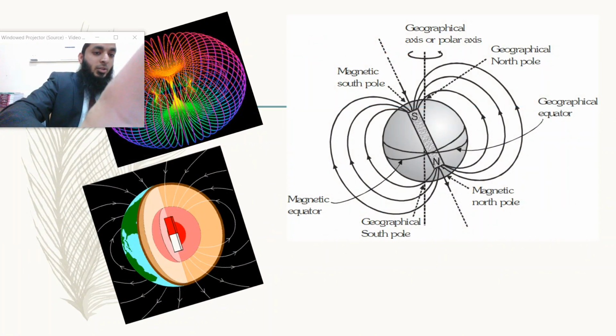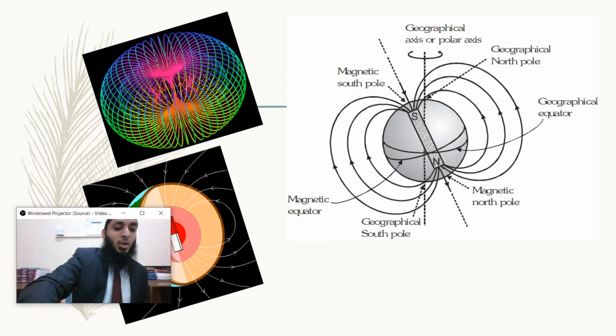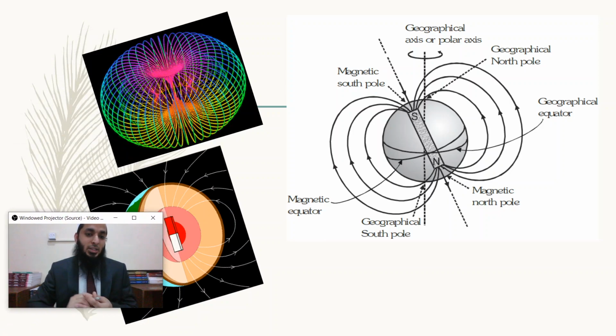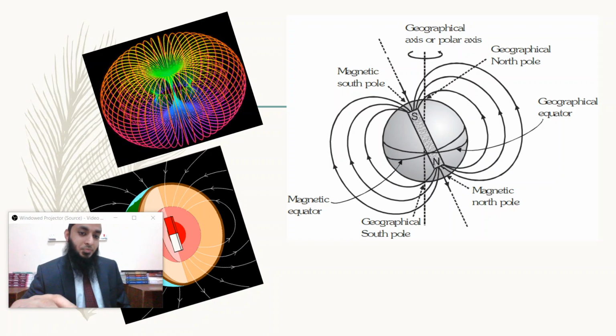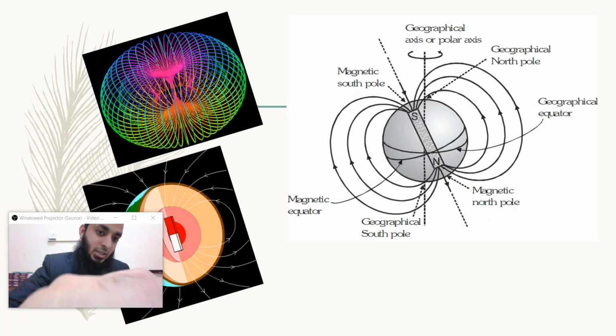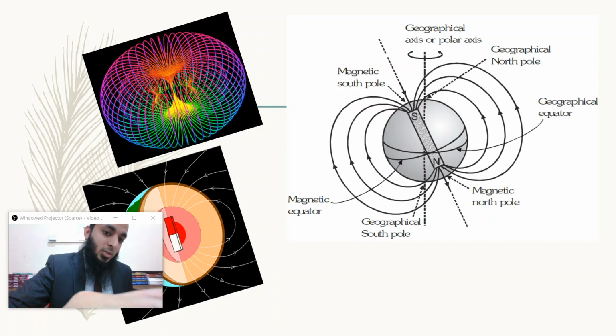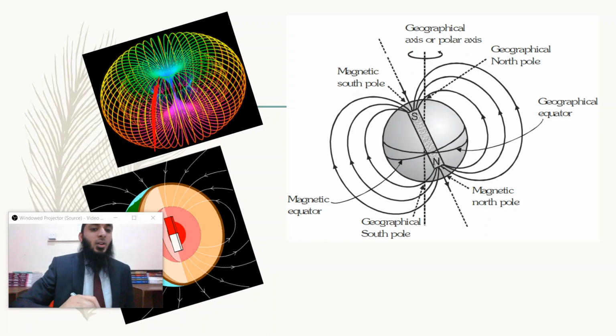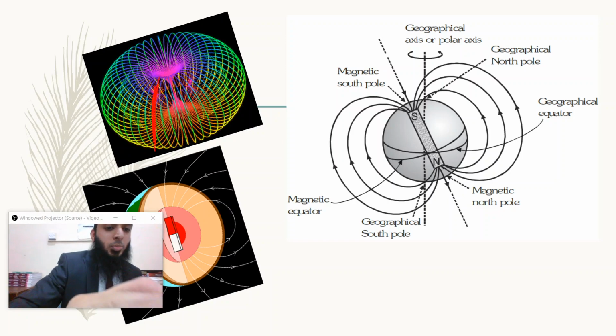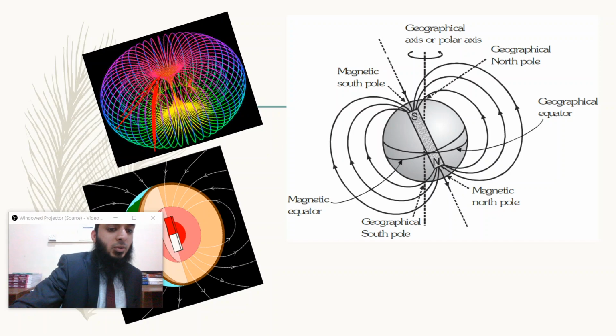So let me move my video. So yes, you can see the magnetic field here. So at any point, which point should I take? Let's take this point. So this line will be on the magnetic meridian. So this vertical plane, which I can take like this, will be the magnetic meridian.